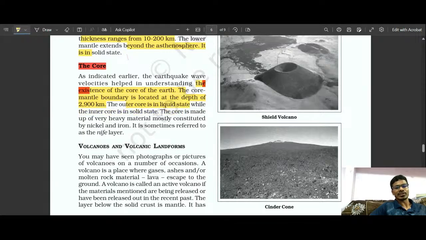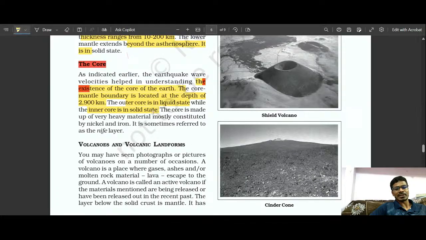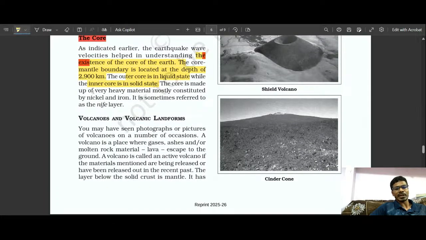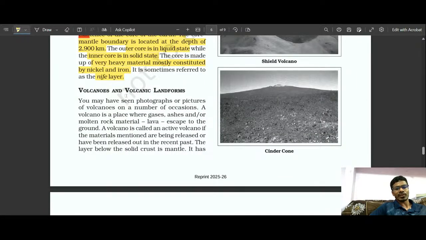The core is divided into two parts: outer core and inner core. The outer one is liquid, and the inner core is in solid state. The core is made up of very heavy materials, mostly nickel and iron, and is sometimes referred to as the nife layer.